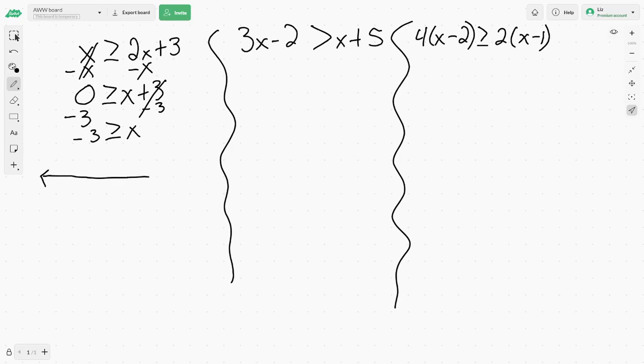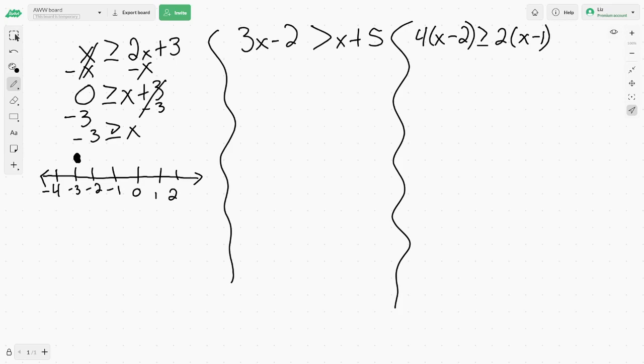Remember to graph it. All right. So we have negative 3, and it's included, greater than or equal to, so I'm going to do a closed circle here.